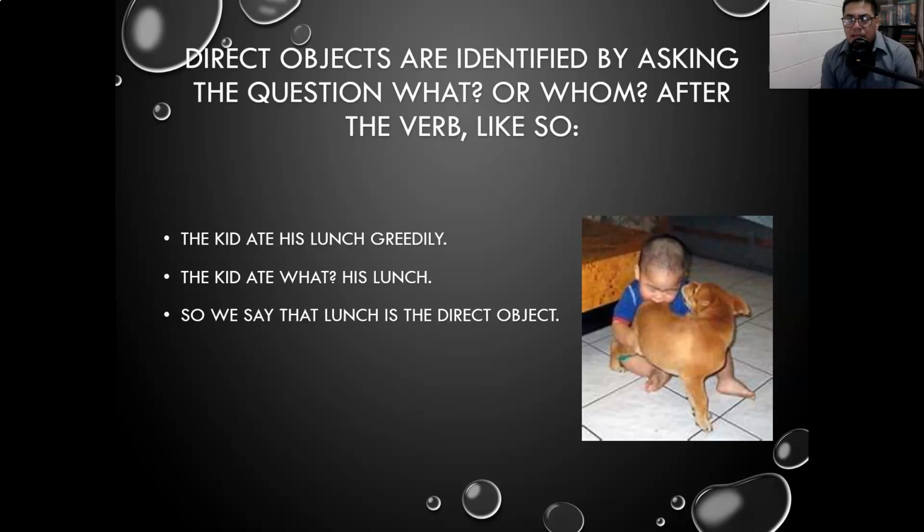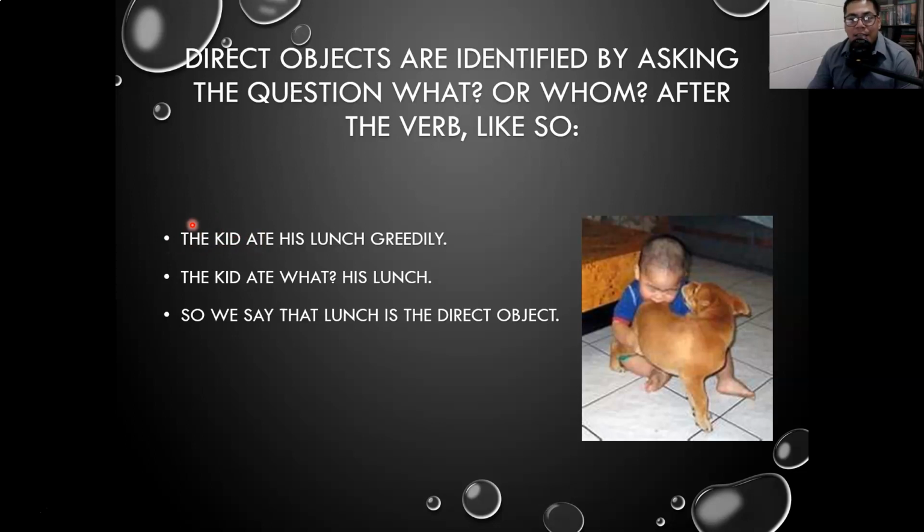For example, read the first sentence with me, guys. It says, the kid ate his lunch greedily. You can see the kid over there is biting the poor dog, right? So if I ask the question, who ate? The kid ate.